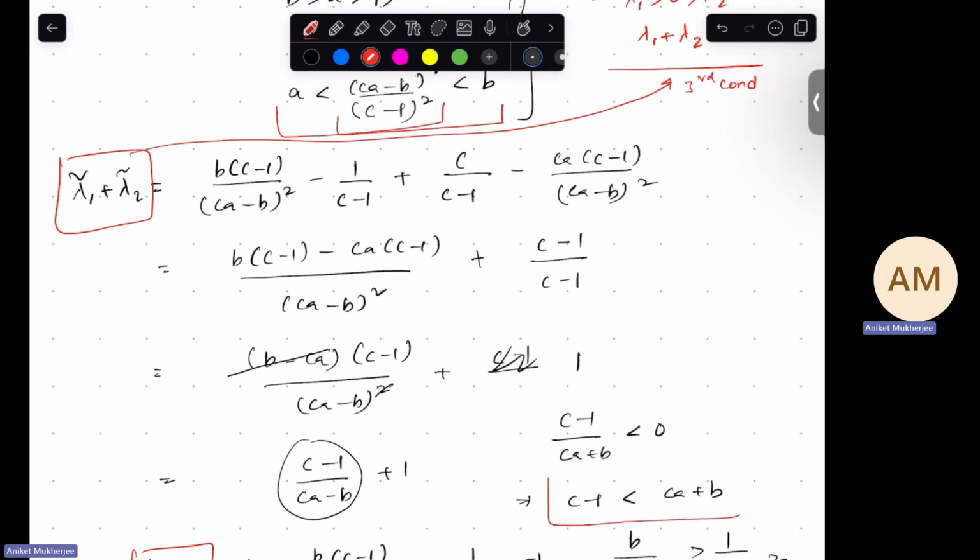From that condition we get this, which we can write as C into 1 minus A less than B plus 1.